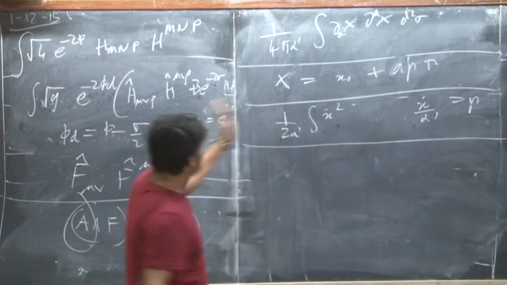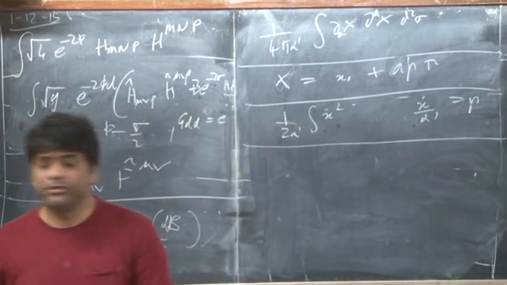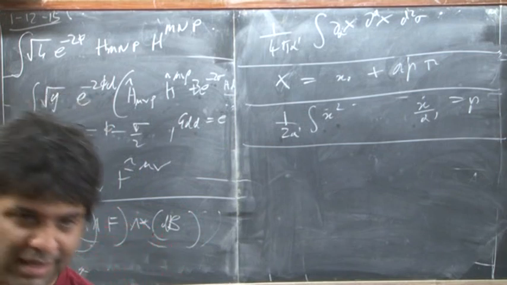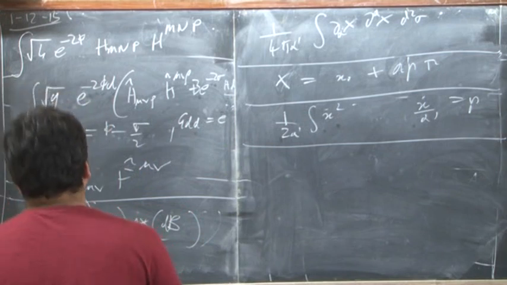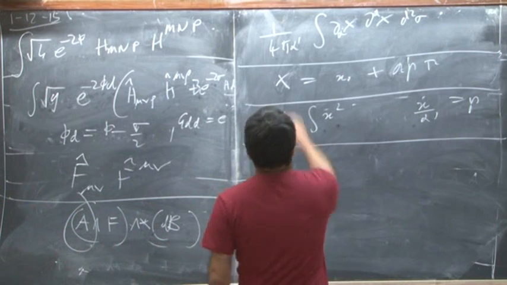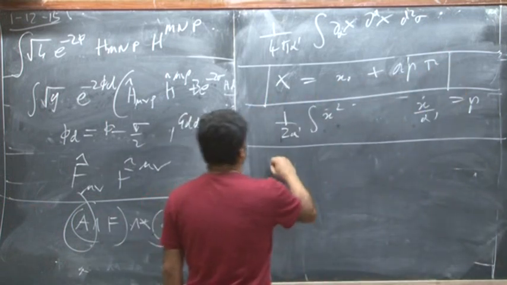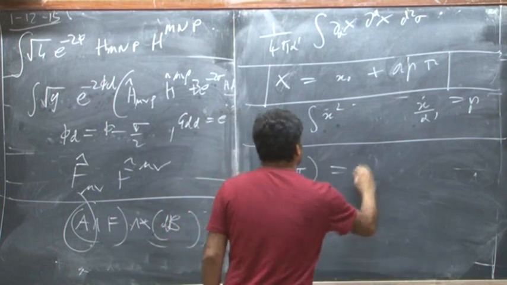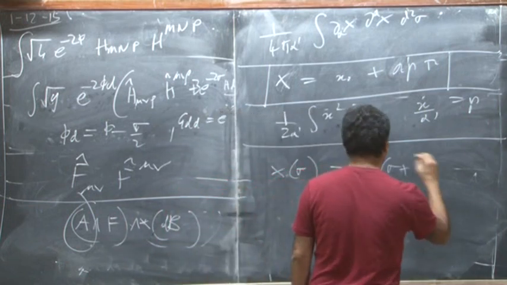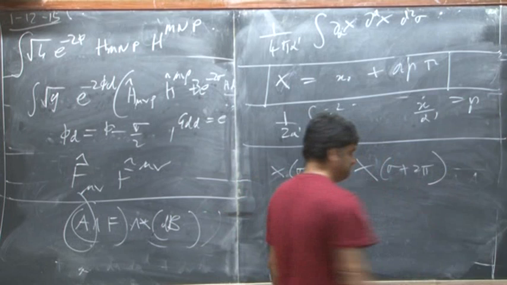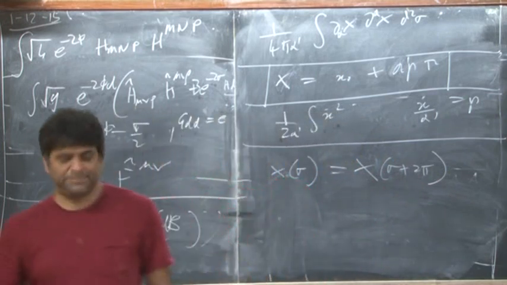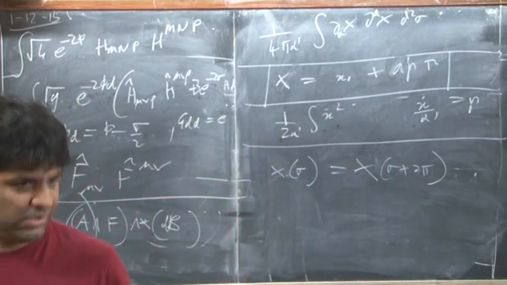Okay, so this was the 0 mode structure on the world sheet of the string. And you notice that the 0 mode structure has the following property. Of course, with respect to the fact that x of sigma was equal to x of sigma plus 2 pi, just because we had a closed string.